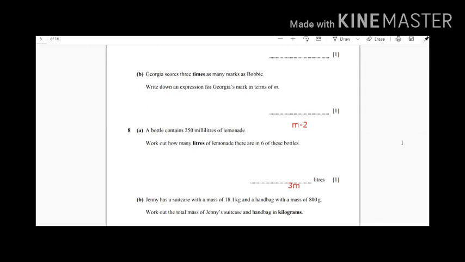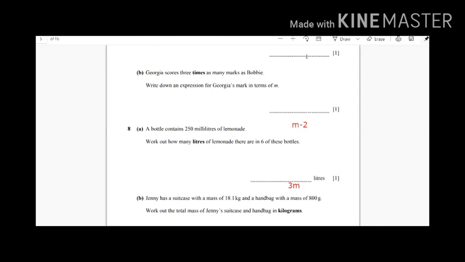this one, in terms of liters. A bottle contains 250 milliliters of lemonade. So work out how many liters of lemonade there are in 6 of these bottles. The answer must be converted into liters.